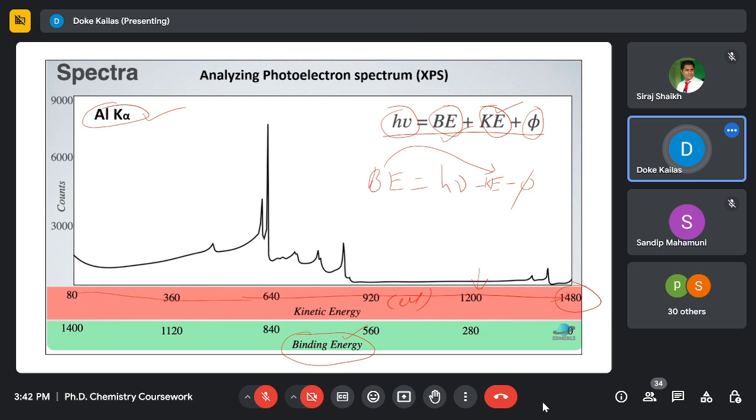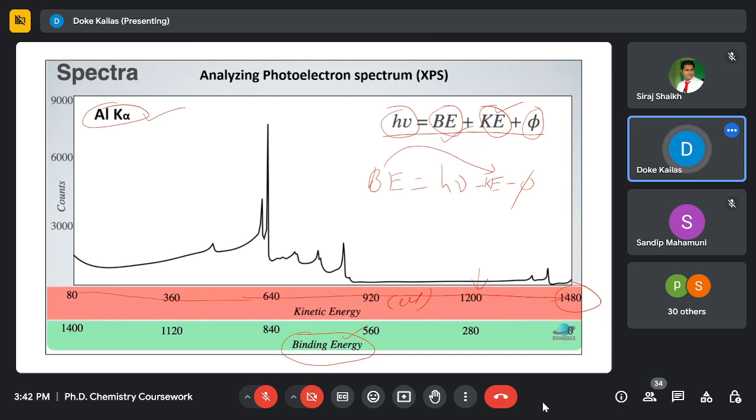But if the instrument converts the kinetic energy into binding energy, then the origin of that particular spectrum starts with the highest value, and that should be identical to the energy of the incident X-ray.